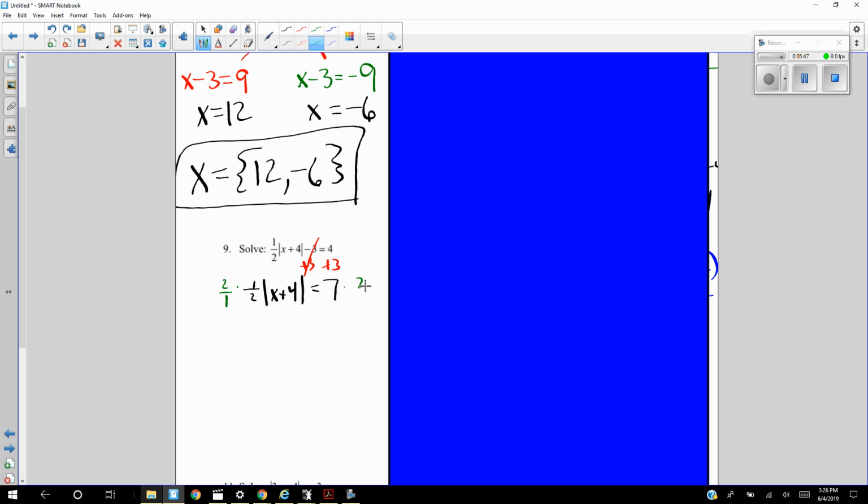Of course, it's just 2. So that's going to isolate the absolute value. And now you can split it into 2. So our solution should be 10 and negative 18, but again, you want to make sure you're checking those answers.